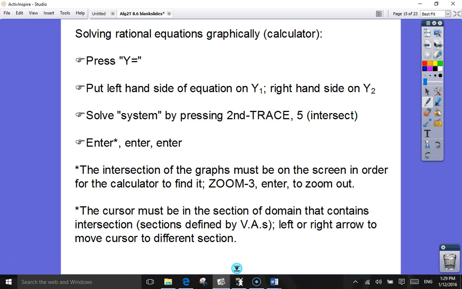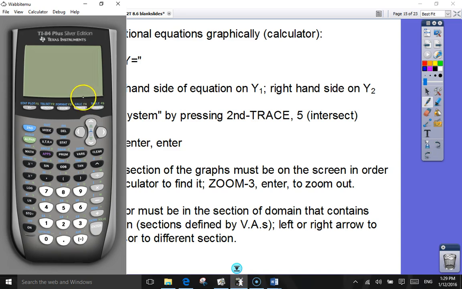And then, if you look in the calculator along the top, where it says trace, right? What does it say? Right above the trace, it says calc. So we're going to go to second trace, and look at number 5, that's intersect. So that's how you find intersection points of 2 graphs.